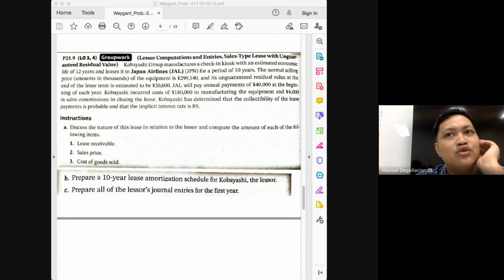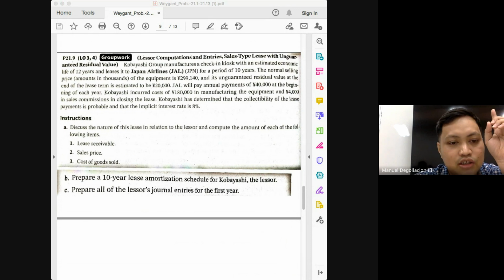So what would be the balance on year 1? It would be 259,140 plus 20,731. Okay? It will be incorporated already in your lease receivable. Anyways, it will just be deducted once we receive the payment the following day. So again, December 31, year 1, our answer would be 279,871.